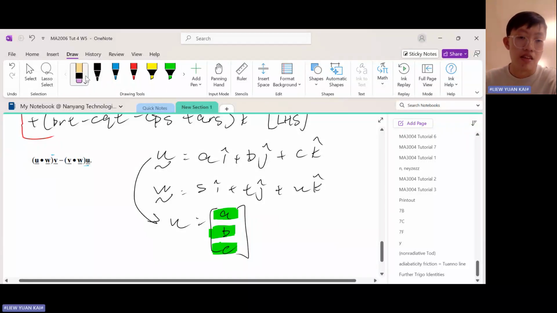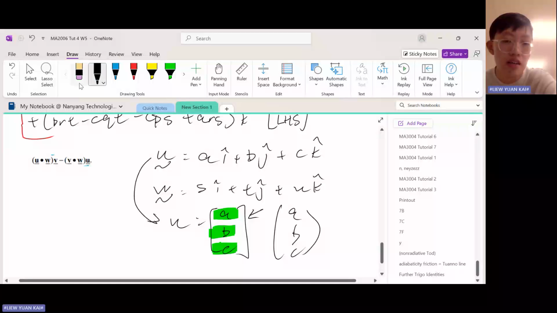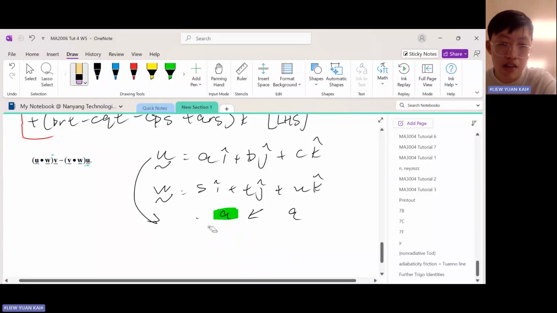They're equivalent, just written in different forms, and it doesn't matter if you use square brackets or round brackets. So without further ado, let's do this question.